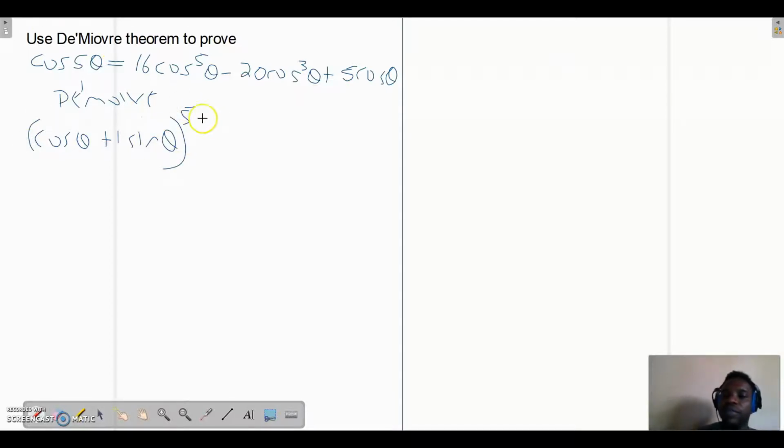I know it's to the 5th power because this is saying cos 5 theta. By the Morph's theorem, this would be equal to cos 5 theta plus i sine 5 theta. That's the first part. Now, to construct the identity, I'm also going to have to expand it by using the Pascal triangle. So, by Pascal triangle.